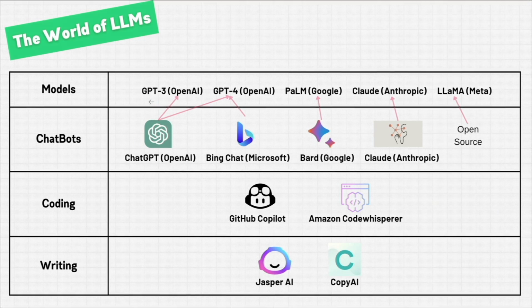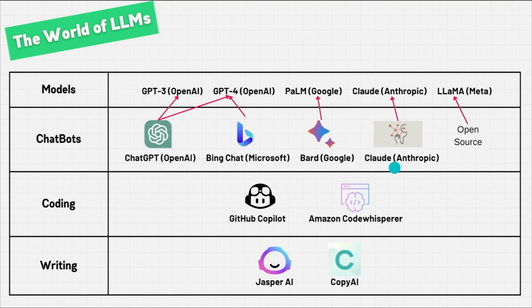And that's what a lot of companies do. You can see here, ChatGPT uses the GPT-3 and GPT-4 models. You can toggle between them. Bing Chat, which is Microsoft, uses the GPT-4 model. The Bard chatbot by Google uses Google's large language model called PaLM.